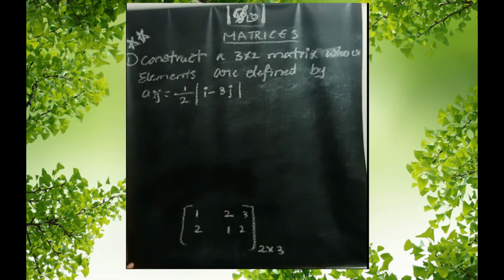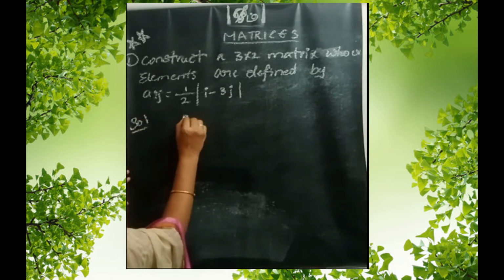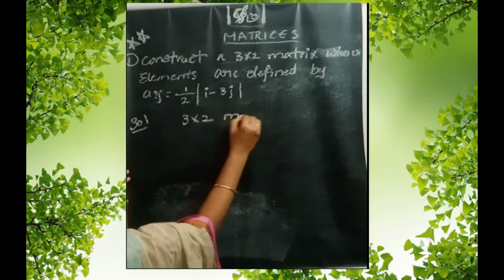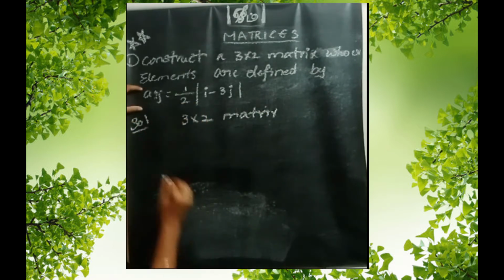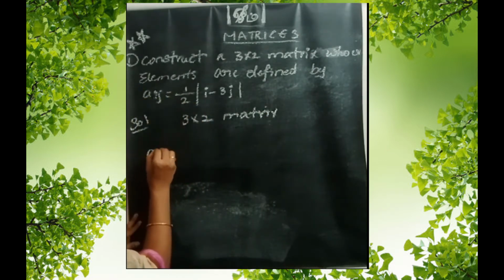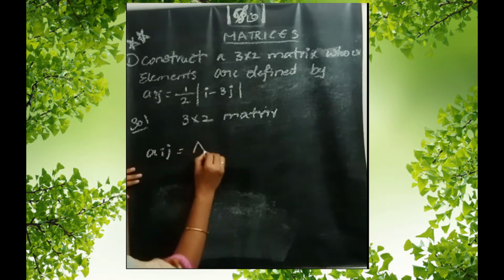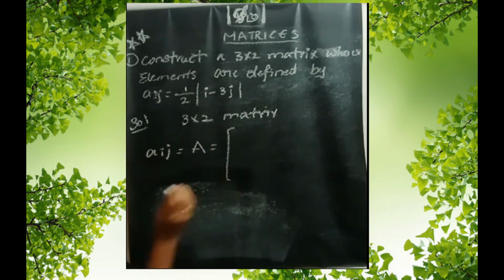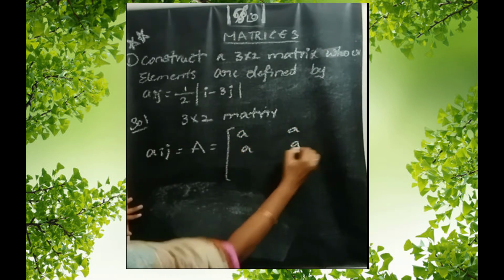Okay, let's start. What they have given? A 3 by 2 matrix. We have to construct a 3 by 2 matrix with the elements Aij. Let's think this is the A matrix. 3 rows, right?